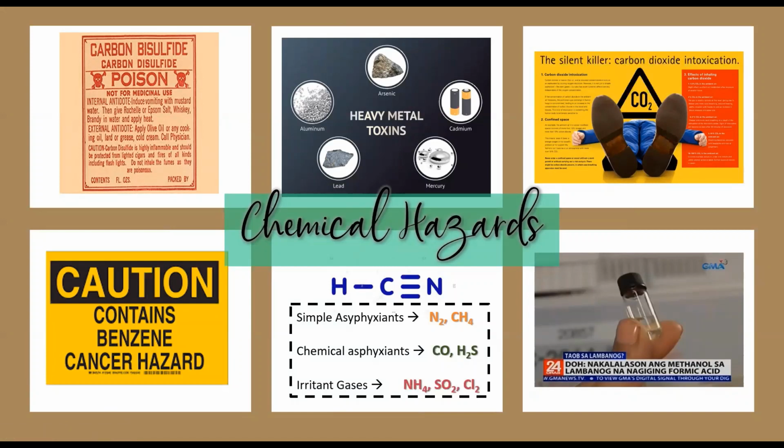But upon discovery that benzene is carcinogenic, meaning cancer-causing, the use of benzene in the histopath section was discontinued. So now, you will no longer see benzene in histopath. Benzene was actually replaced by xylene instead. And in some laboratories, if they really need to use benzene, it is highly regulated.